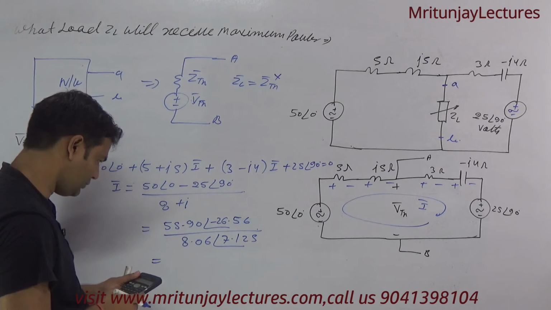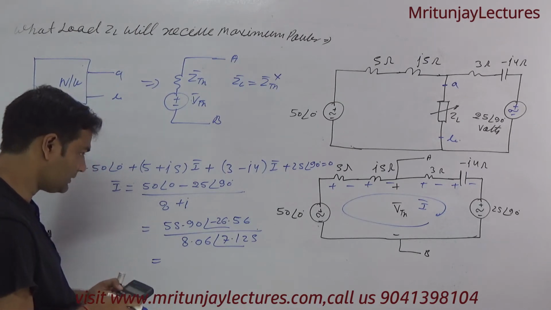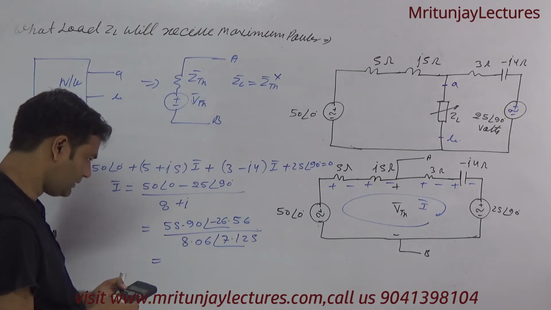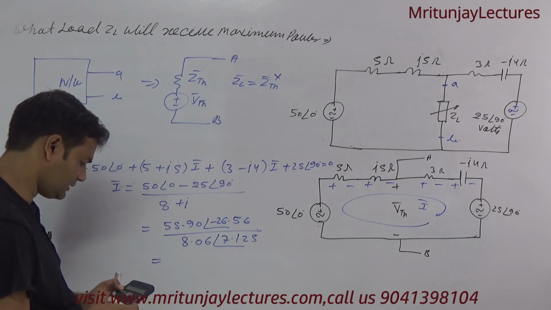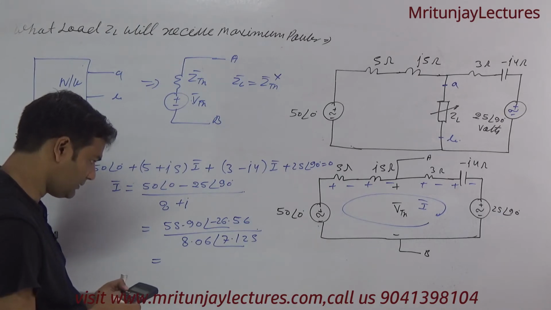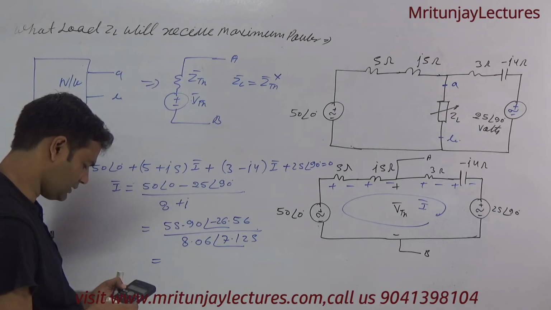That is 55.90 at the angle minus 26.56 divided by 8.06 at the angle 7.125.